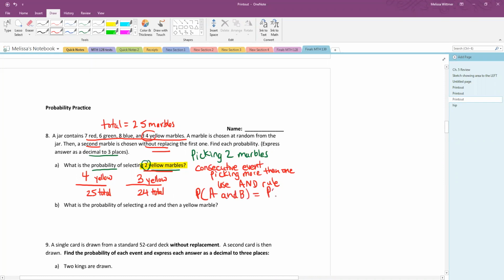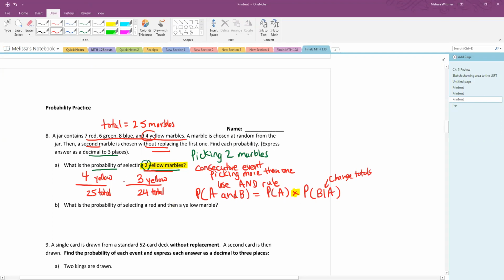The rule for this is the probability of A multiplied by the probability of B, given that A has happened. So this means change totals if you're not replacing. So with these consecutive events, we multiply.